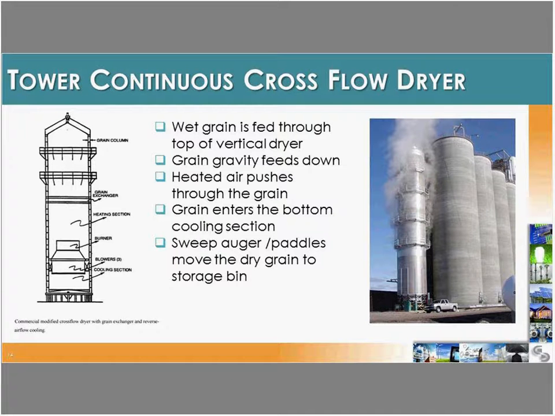And again, there are sweep augers or paddles that remove the grain to a storage bin. So as the grain is flowing down through this, it's drying, it's cooling, and the paddles sweep along the bottom of the dryer and move it to a bin.